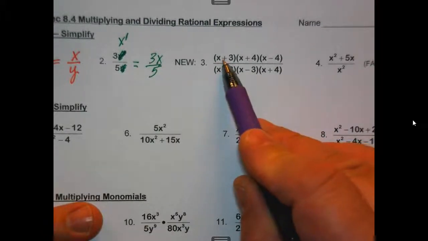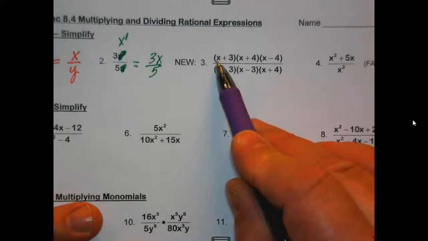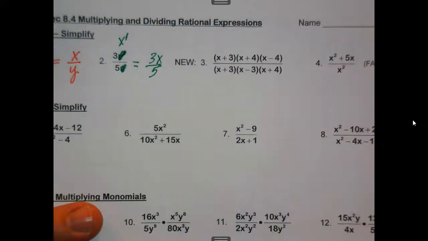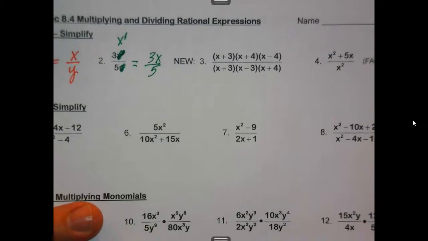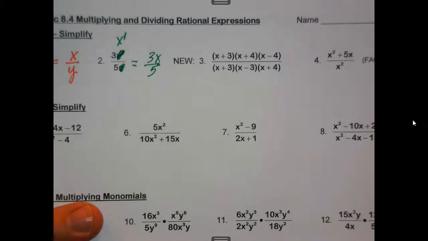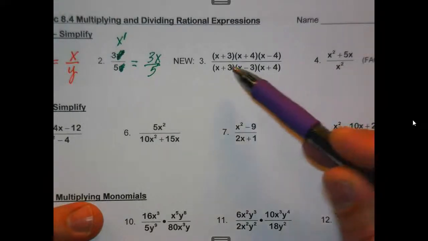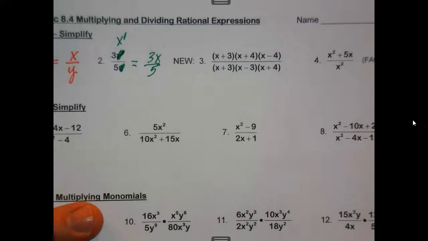If you have a plus or minus sign between a variable and a number, it is considered a quantity, with parentheses around them. I tell most students to go ahead and put parentheses whenever you have two terms, so you don't accidentally cross things out.